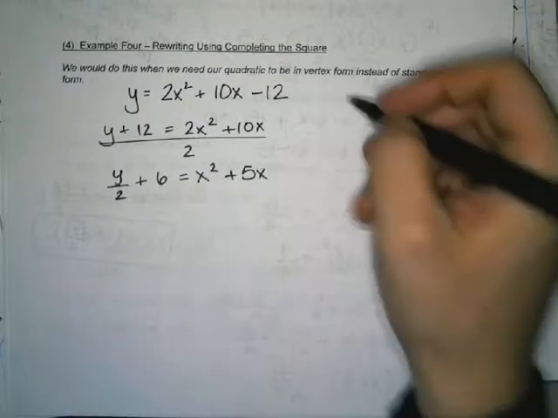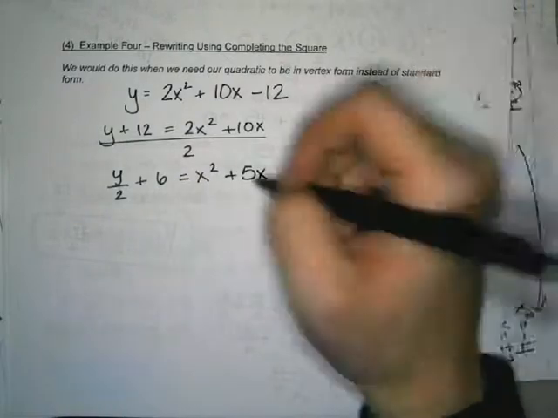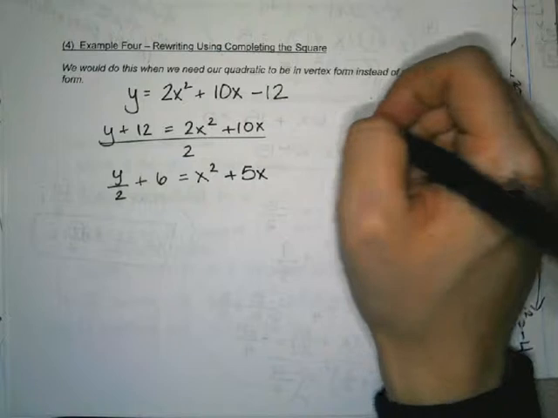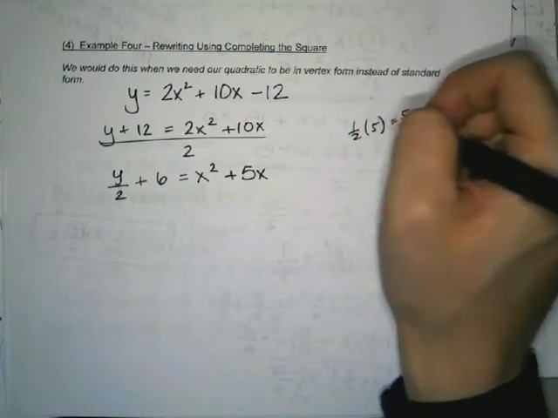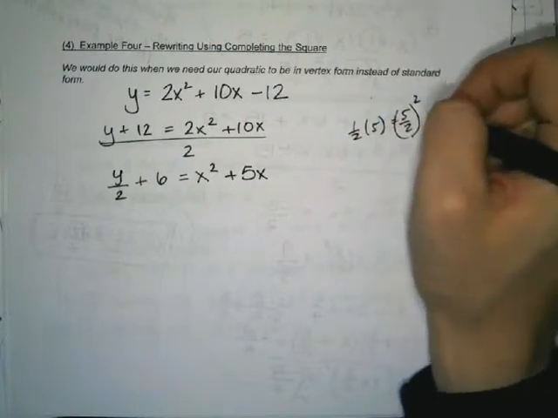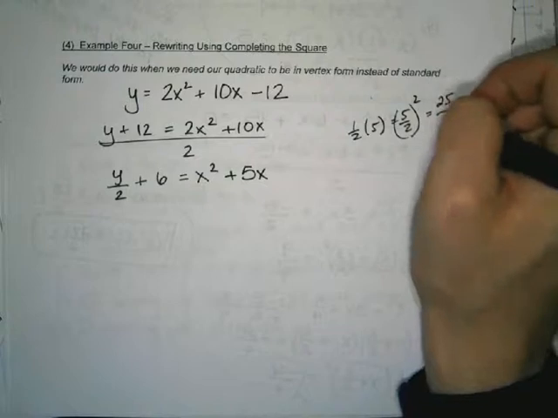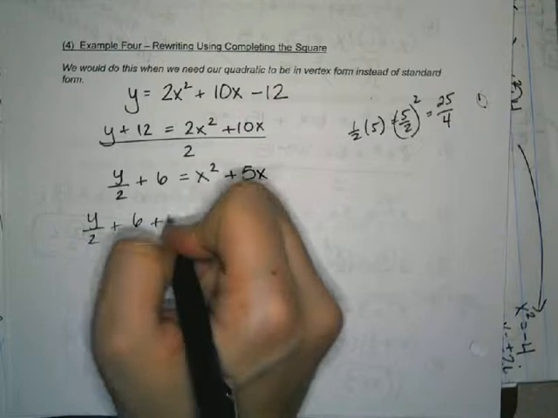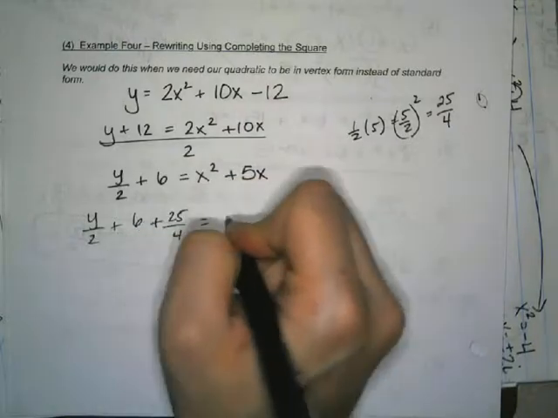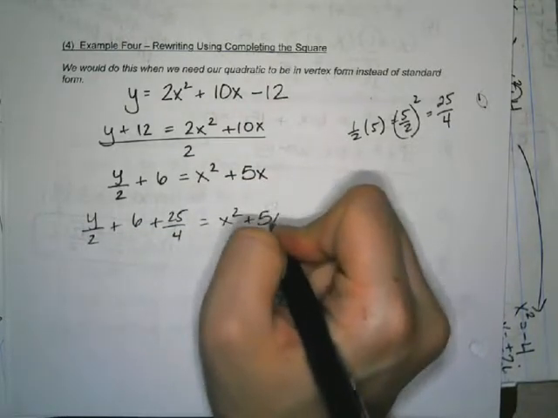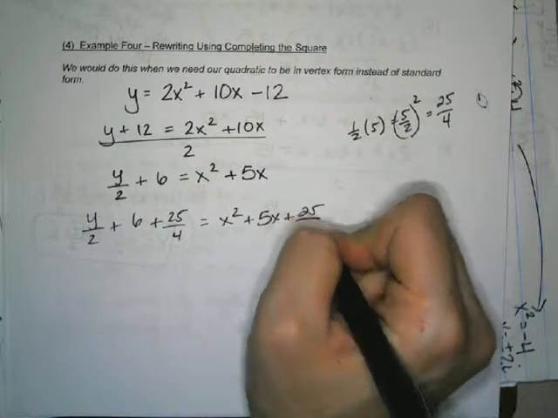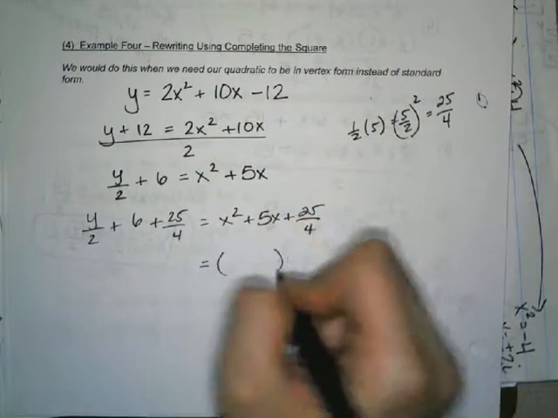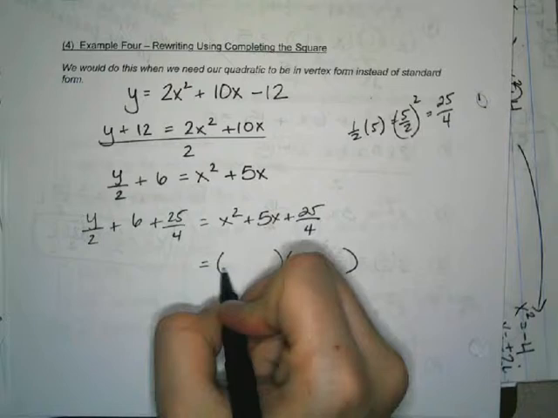I'm going to do a little side work over here. I'm going to take half of b, which is 5 halves. I'm going to square it, which is 25/4, and add that to both sides. Okay, doing that allows me to factor the right side.